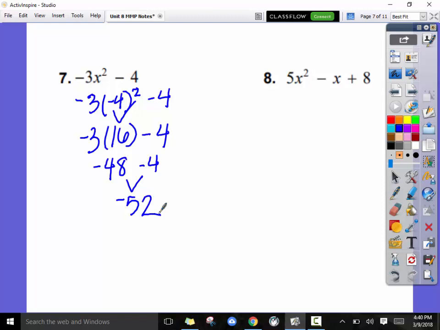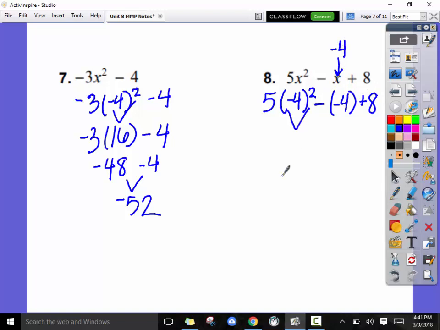And the last one that we'll do together here: 5x squared minus x plus 8. So 5 times negative 4 squared minus negative 4 plus 8. This part of minusing whatever x was, you have to be really careful because you're substituting in negative 4 right there.